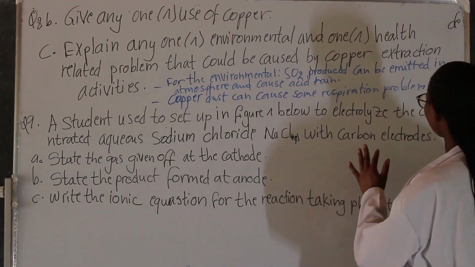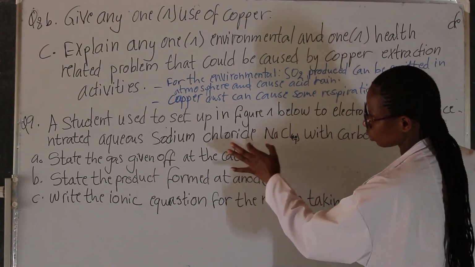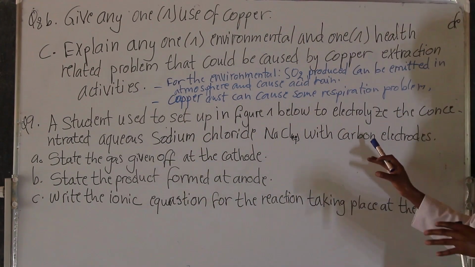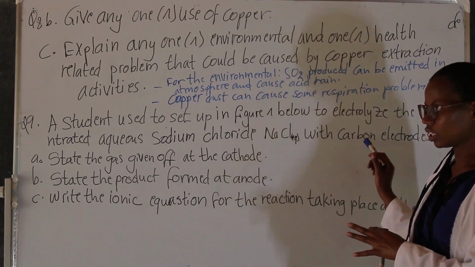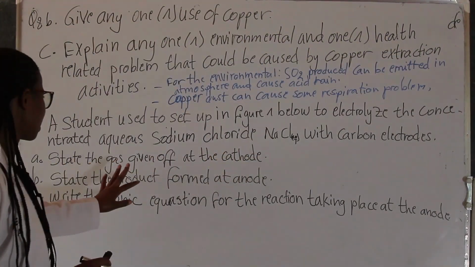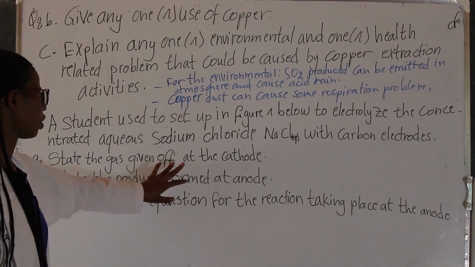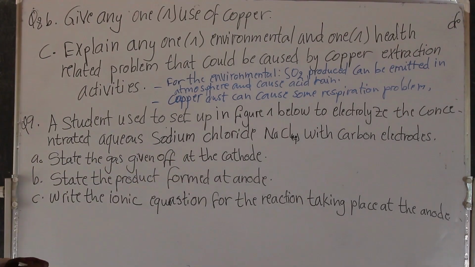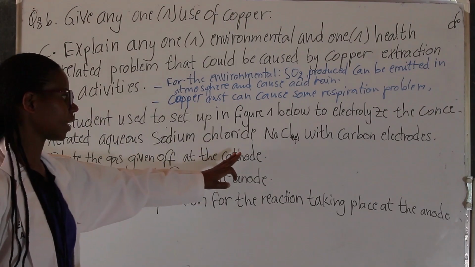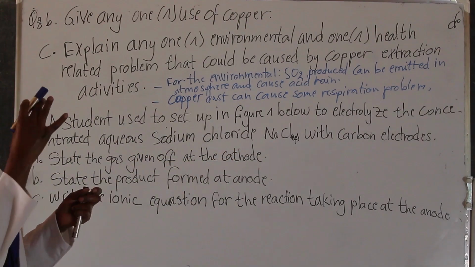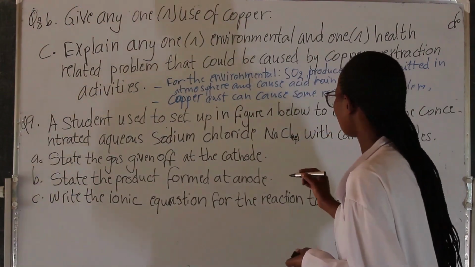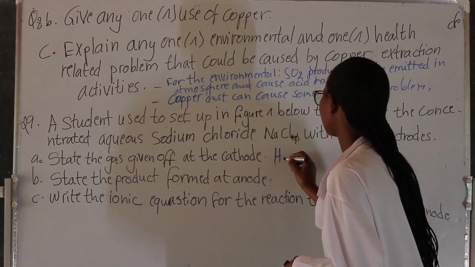This means the student electrolyzed aqueous sodium chloride using electrodes made of carbon. For question A, they are asking about the gas given off at the cathode. As it is aqueous sodium chloride, there are some water molecules. At the cathode, the gas which will be produced is H2.